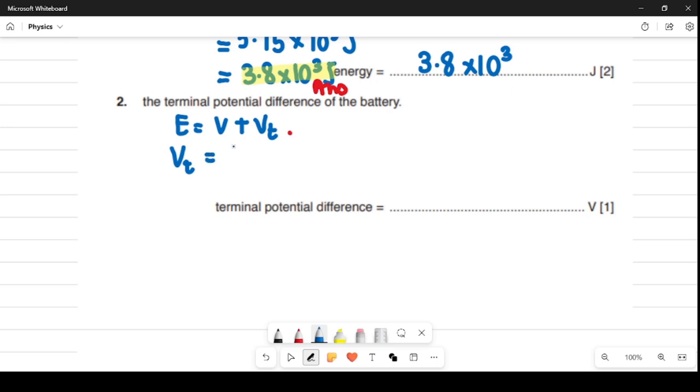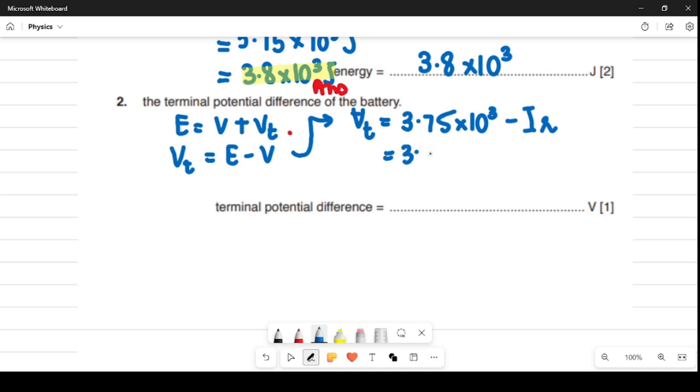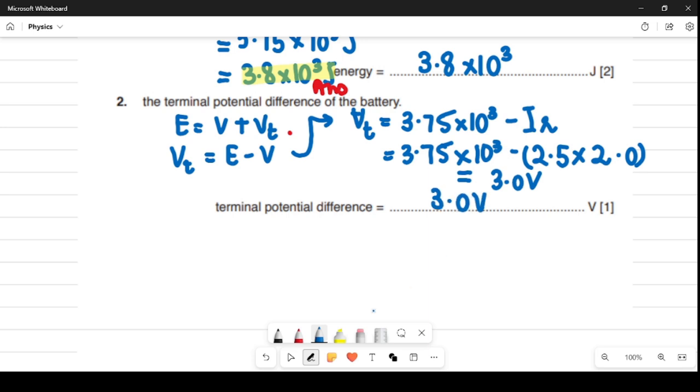So the terminal potential difference is basically E minus the internal potential difference. So your answer will be 3 volts.